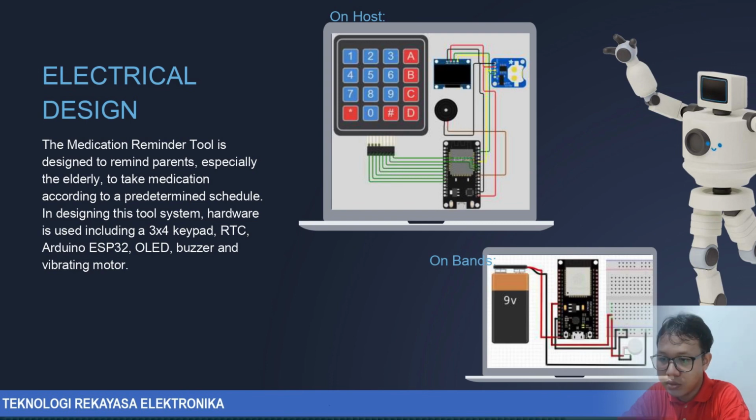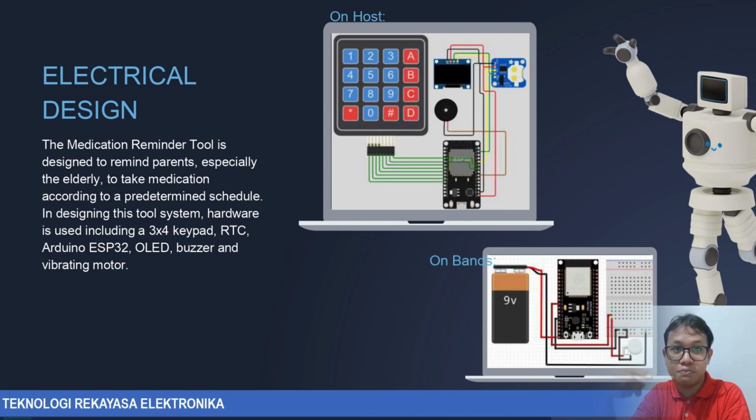Okay, when you give voltage, the ESP32 will work and the OLED will show some text. That text is Alarm Medicine Reminder, and there are some options: you can press a button to set the alarm, and the alarm will appear at the time that you set. When the alarm is active, the OLED will show a text saying it's time to get your meds. The buzzer will ring.